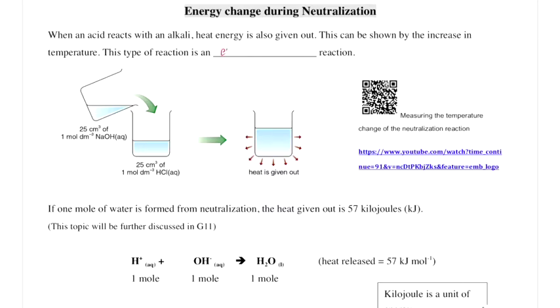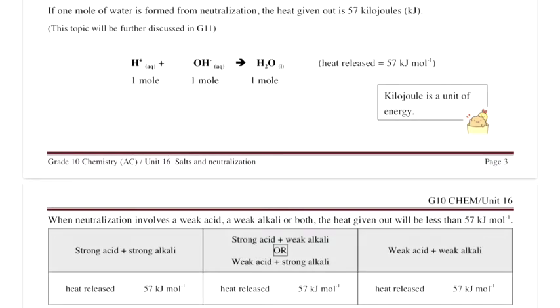Exothermic means it releases heat. The heat energy is generated during the chemical reaction. For this unit, you just need to remember 1 mole of hydrogen ion reacts with 1 mole of hydroxide ion, it will release 57 kilojoules of energy.